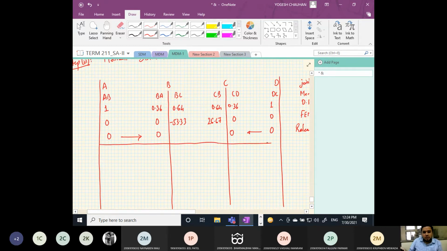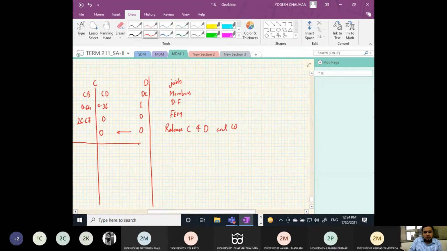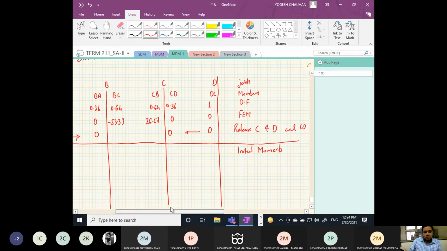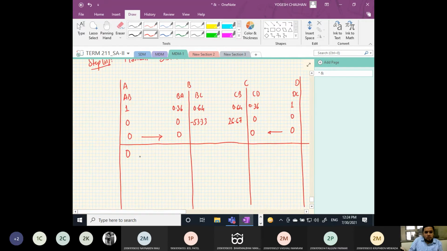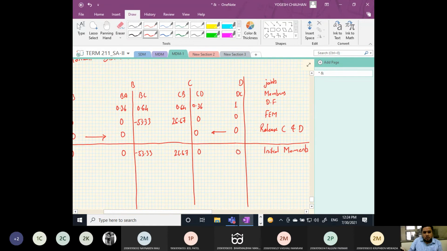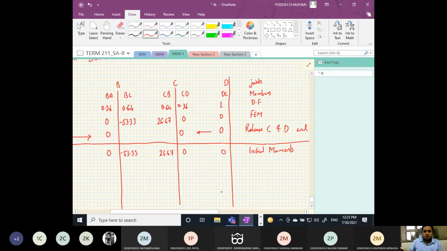So the initial moments will be the same for this case: 0, 0, minus 53.33, 26.67, 0 and 0.